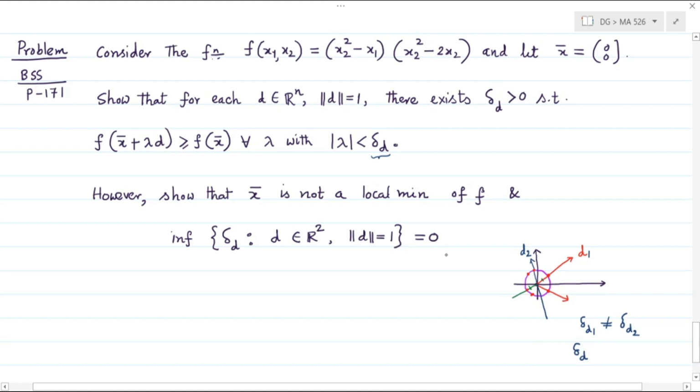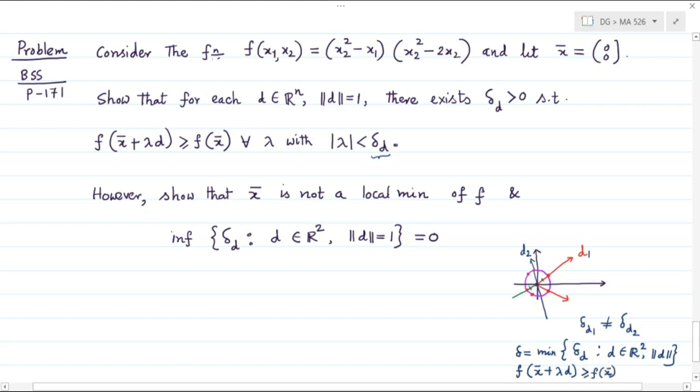And if it is not 0, let's suppose it is not 0, in that case what will happen? You take delta to be the minimum of all these delta d's. Then for this delta, you will have f of x bar plus lambda d greater than or equal to f of x bar.